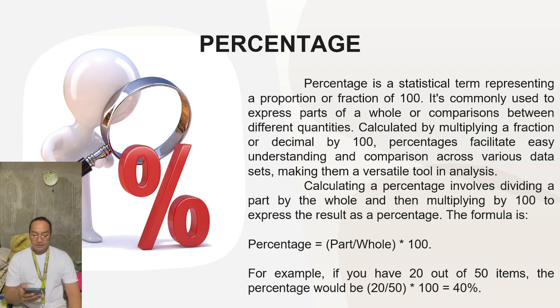Number 3, percentage. Percentage, in statistical terms, represents a proportion or fraction of 100. It is commonly used to express part of a whole or comparison between different quantities. It is calculated by multiplying a fraction or decimal by 100.